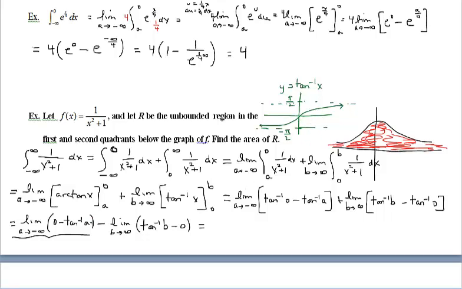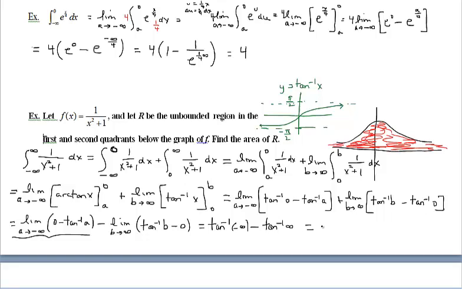That might help us now when we come back down here. As a goes to negative infinity, we have the arctan of negative infinity, minus the arctan of positive infinity, which is going to give us our answer. On the graph, as I go to negative infinity, what are the y values approaching?